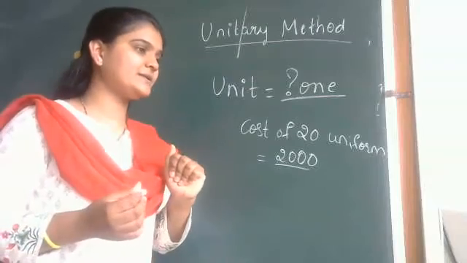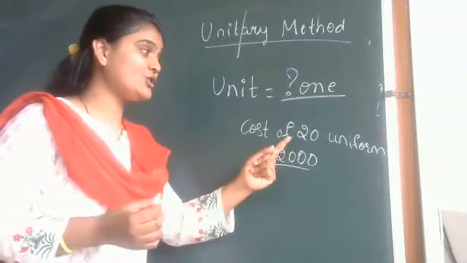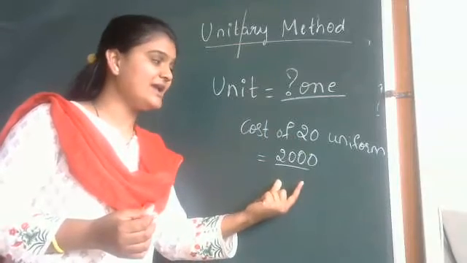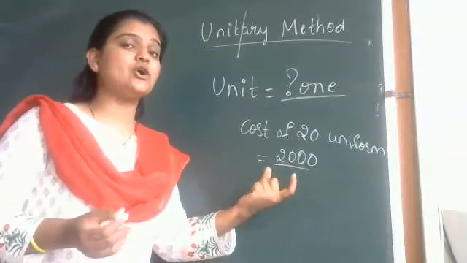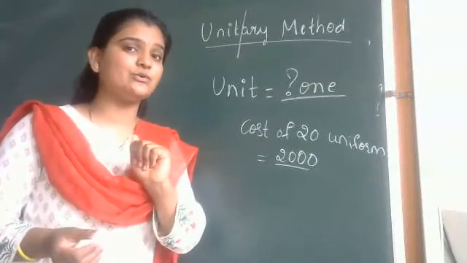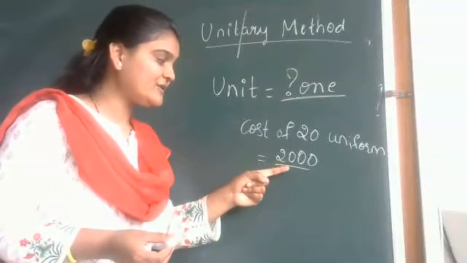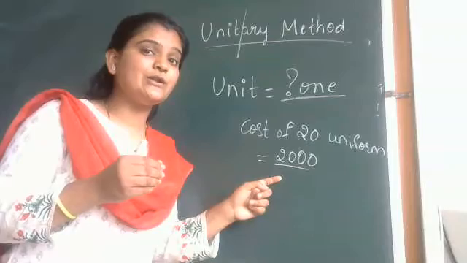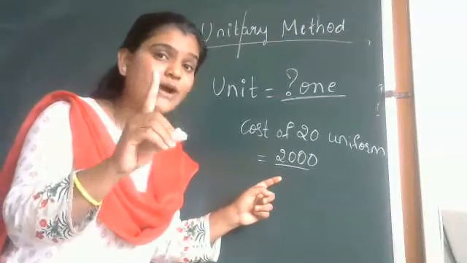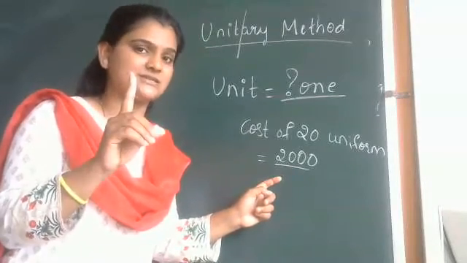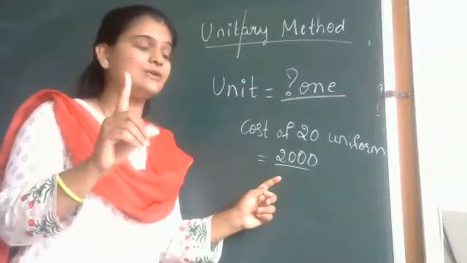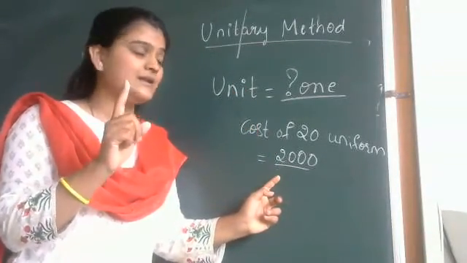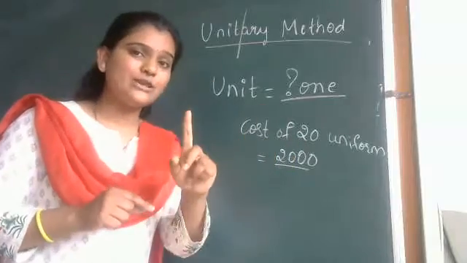The cost of 20 uniforms is 2000. You will have to calculate the cost of 5 uniforms. For that, what will you do now? For 20 uniforms you have 2000. First you will calculate the cost of 1 uniform. That one is our unit.